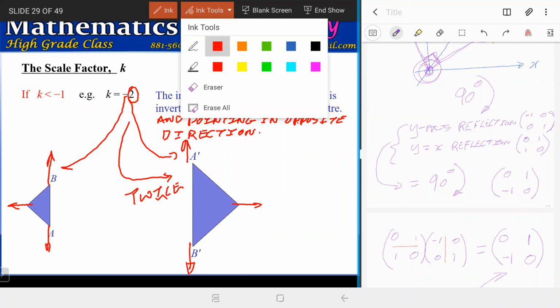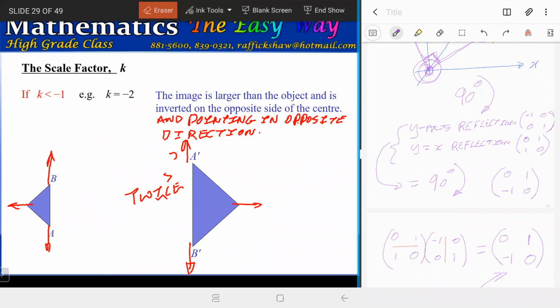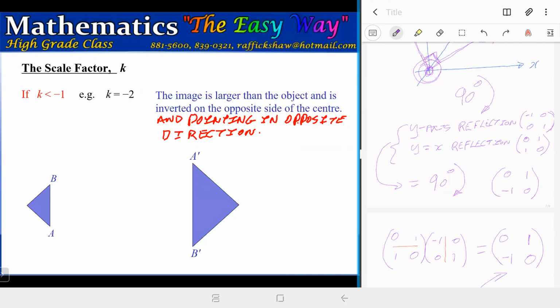So what is going to happen now? The center of the enlargement is going to be between them, because we locate the center in the same way. You have to join the corresponding points, A to A prime, and when you join B to B prime, same thing again.